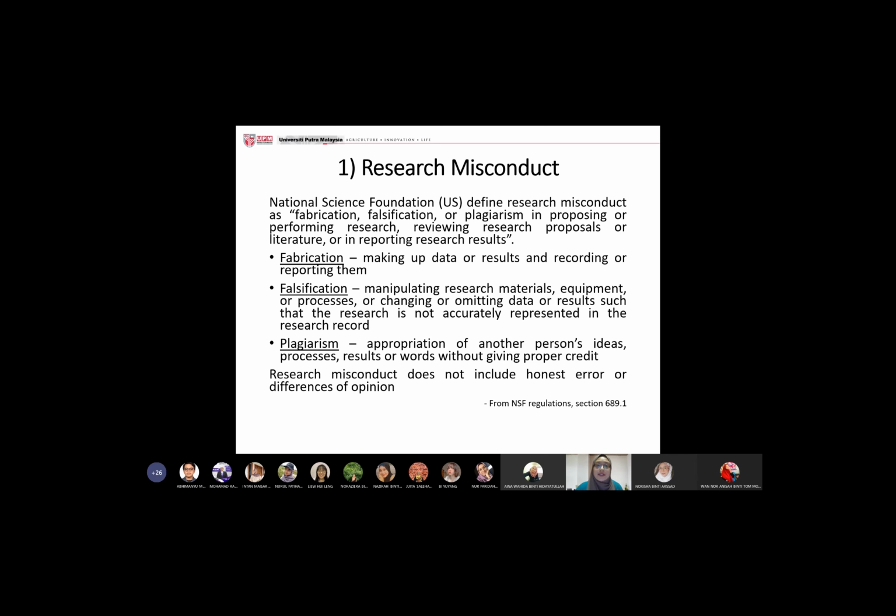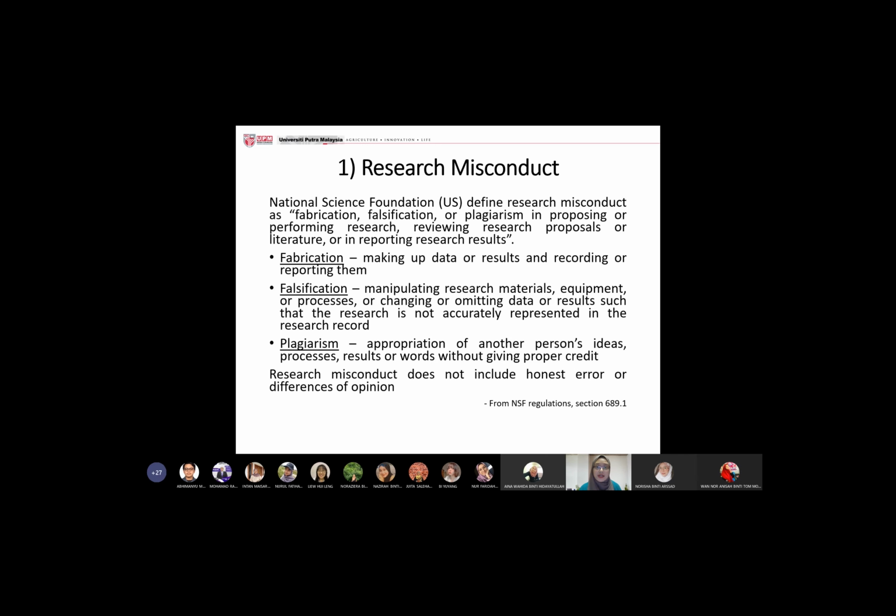They define research misconduct as fabrication, falsification, or plagiarism in proposing or performing research, in reviewing research proposals or literature, or in reporting research results. So it covers everything if you look at that. Even while you're doing your proposal, when you're doing your research, when you're analyzing your data, and lastly, when reporting. So it covers all of those stages.